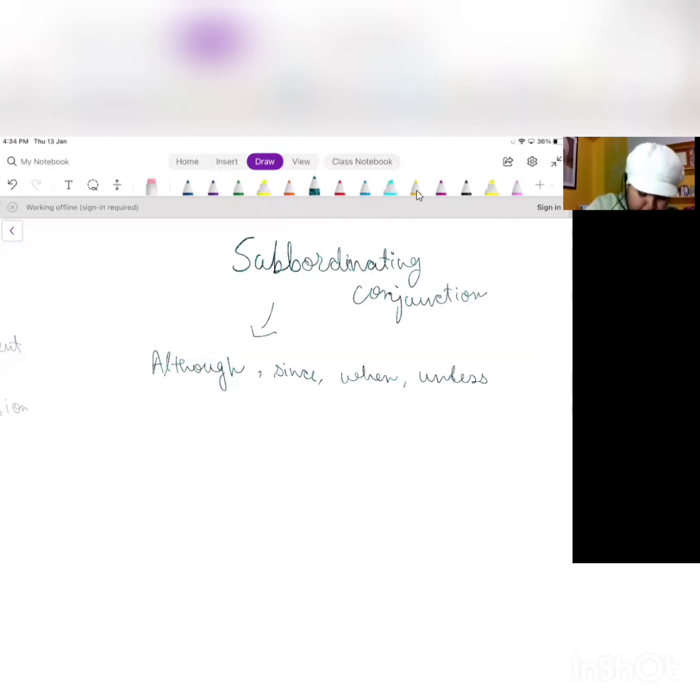These are examples of subordinating conjunctions. You can also say that they are the most important ones. So although, since, when, unless.